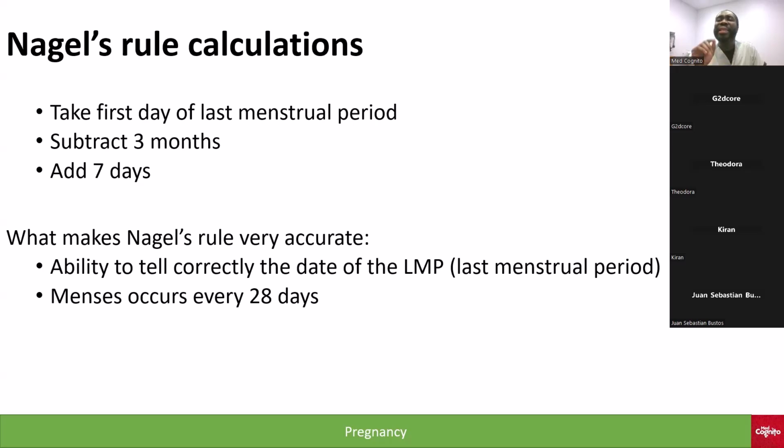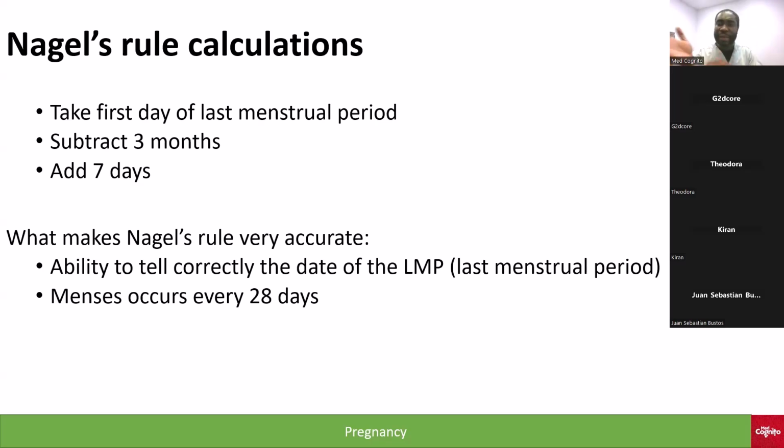And for you to be sure that the Nägele's rule will work, the client must tell you that they are sure about the date of the last menstrual period. If the client is not very sure, the Nägele's rule will not give you an accurate estimate. But how do I calculate the Nägele's rule? Number one, I will subtract 3 months and then I'll add 7 days.